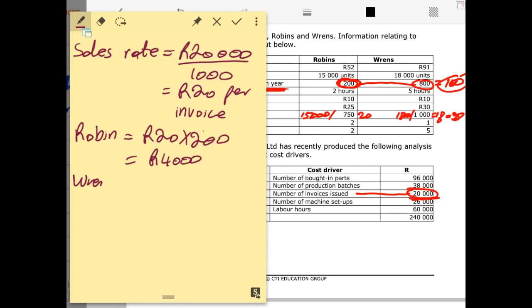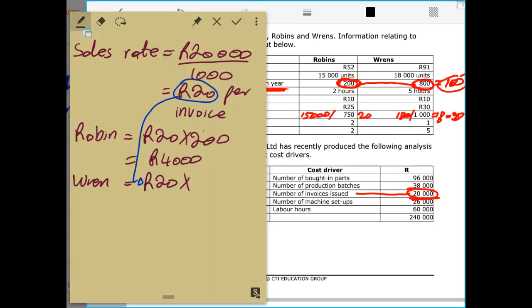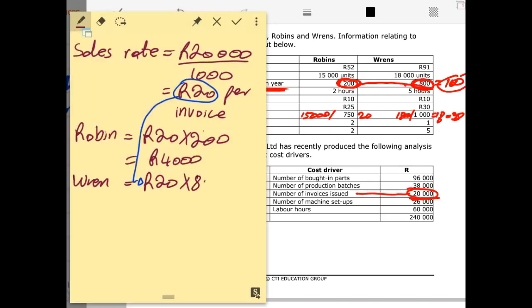And the next one is Ren, and we take the 20 rand, which is the same 20 rand, nothing has changed, we times by the cost driver for Ren, which is 800, and that will give us the amount of 16,000. 8 times by 2 will give us 16,000.